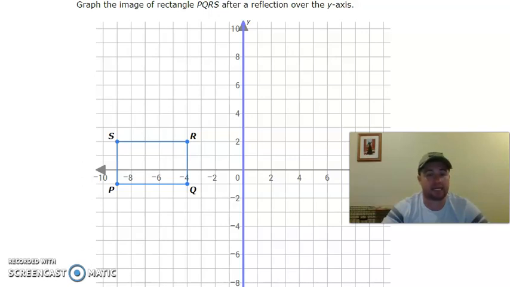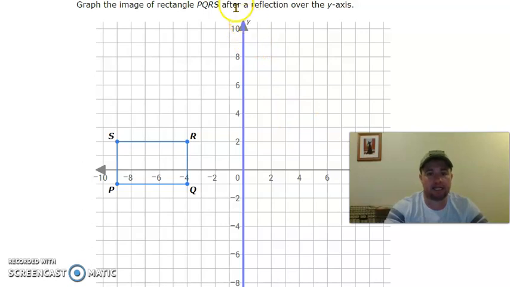Rigid, meaning it does not change its size or its shape. So, I'm going to reflect this image the same way I reflected the points. I just have to do a few more points to make the image complete. So, I'm going to ask myself, how far away am I from the mirror?